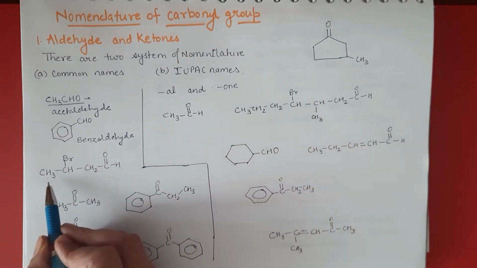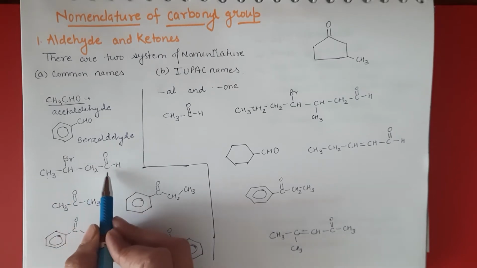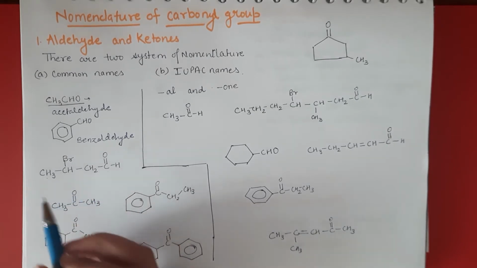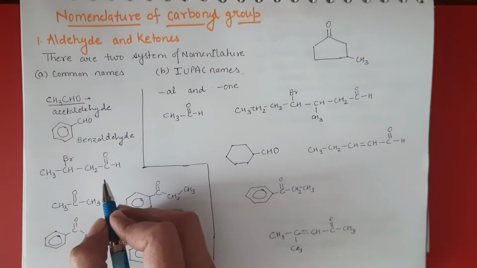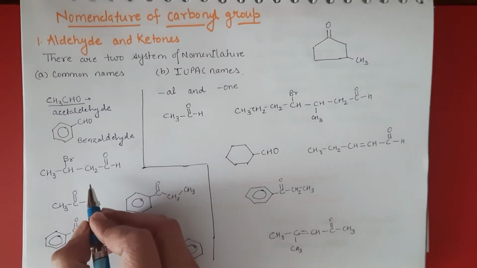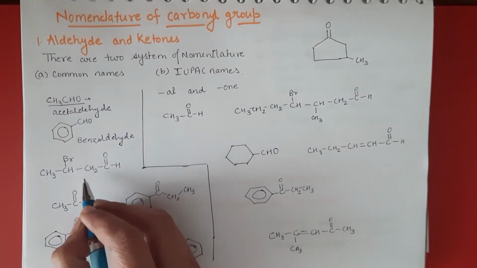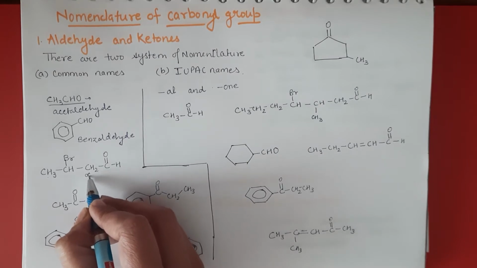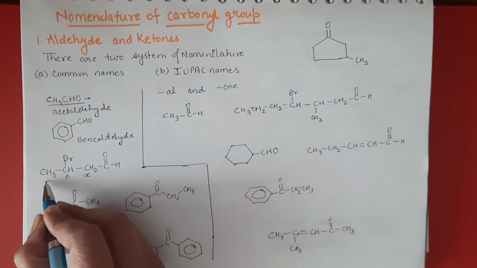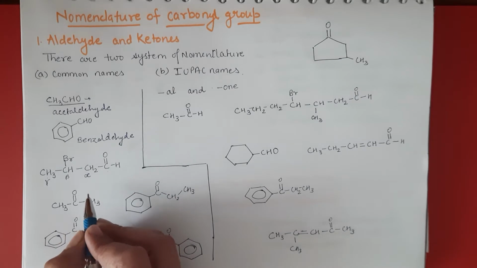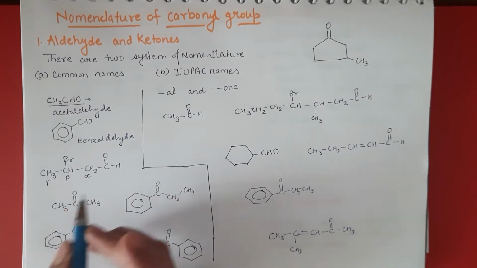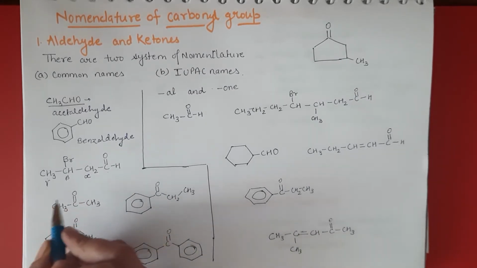Okay. Again, here you can see there are 1, 2, 3, 4 carbons, and if we have to name it, we generally use alpha, beta and gamma. In common nomenclature, we do not give any number to the carbon, we give alpha, beta and gamma.